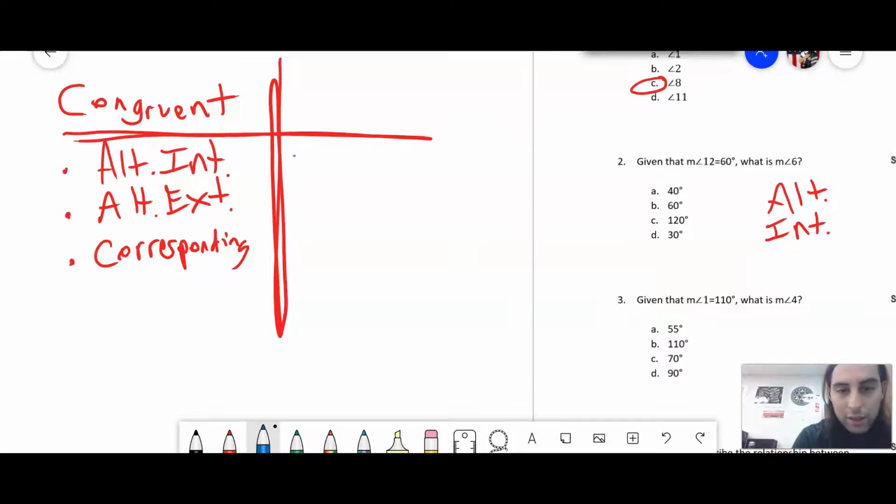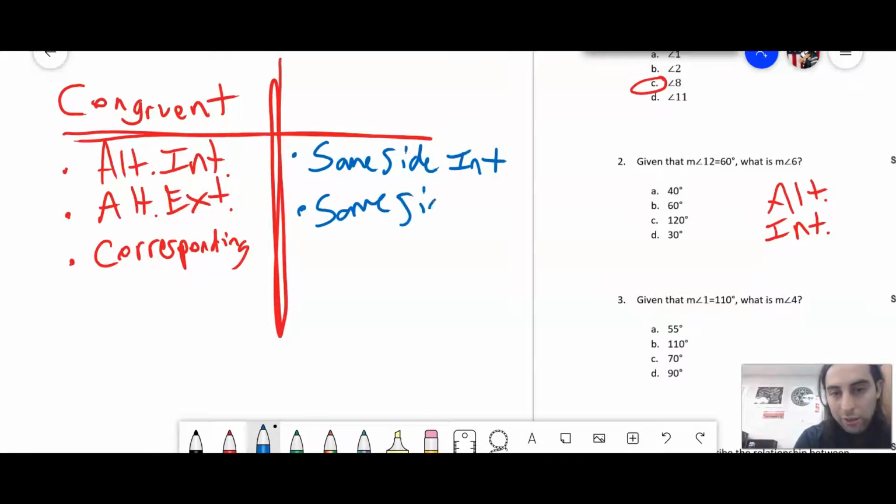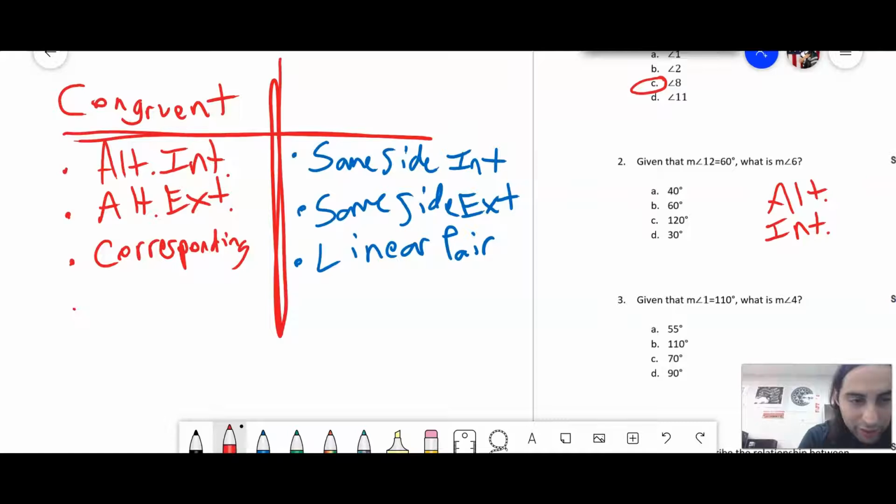However, same side interior, same side exterior, and a linear pair. Oh, and I guess I should add on over here that the vertical angles are also congruent.